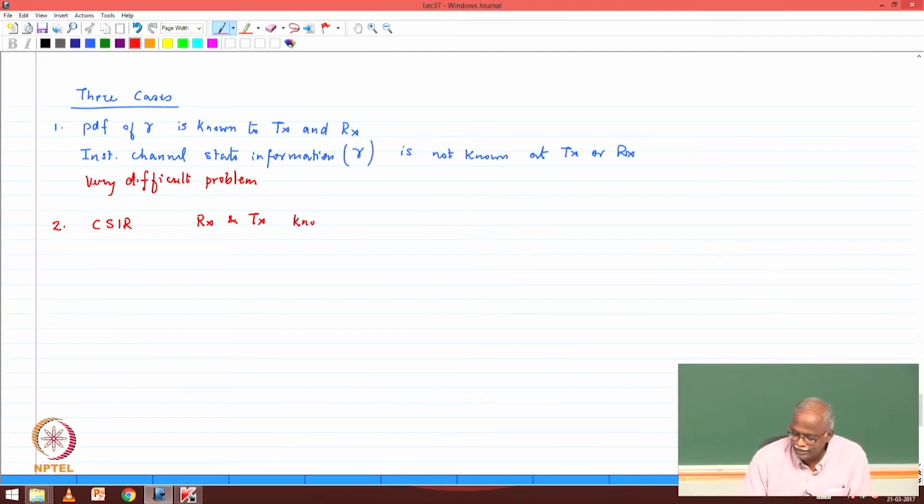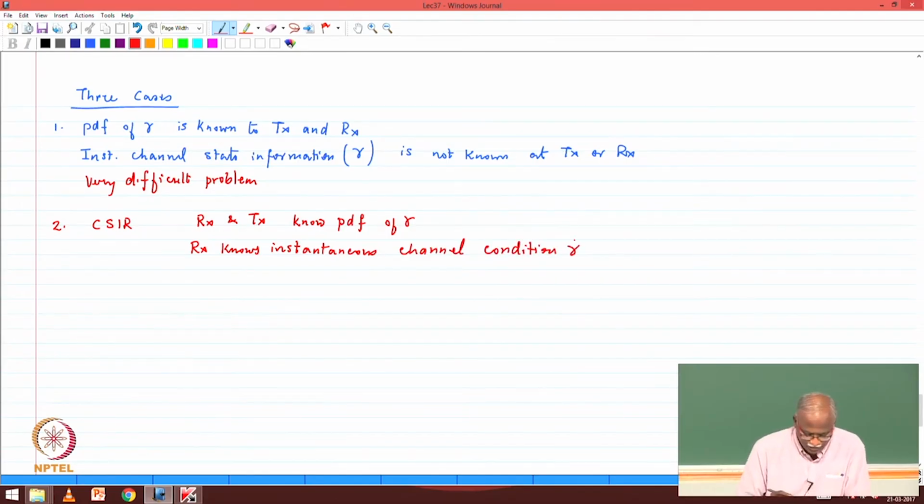Both Rx and Tx know the PDF of gamma, and Rx knows the instantaneous value of the channel conditions, or gamma. So it knows the PDF, it also knows the instantaneous value of gamma.